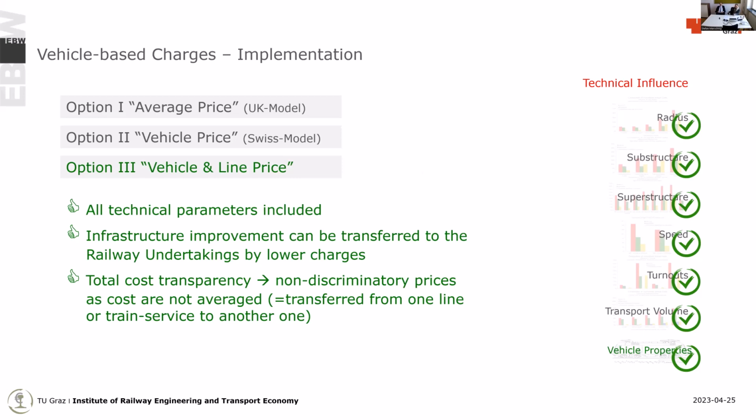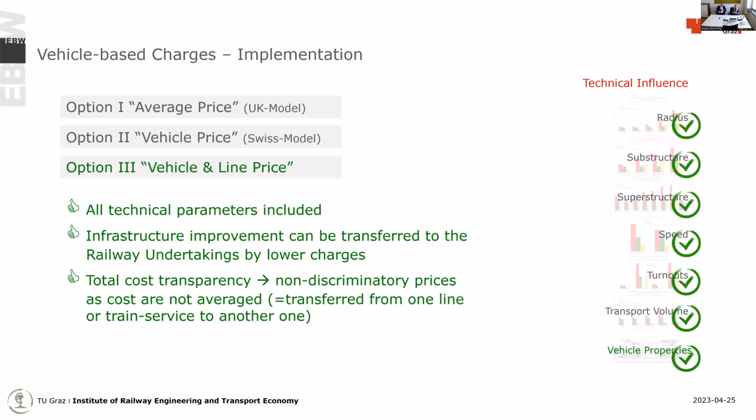And for those lines, we could provide lower charges because maintenance is low there. In today's schemes, these new lines are added to the average and you would pay the same amount even though those lines have lower maintenance.